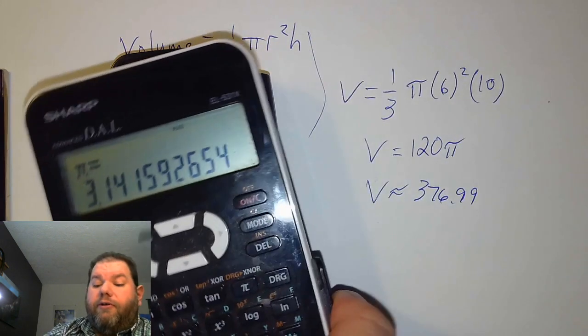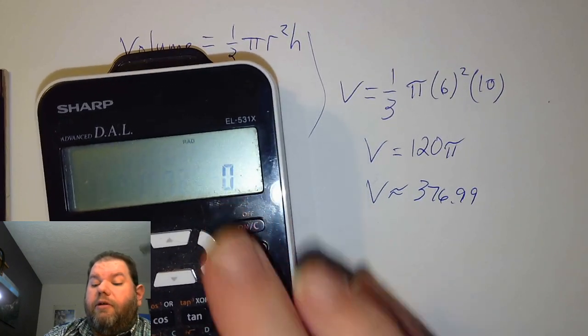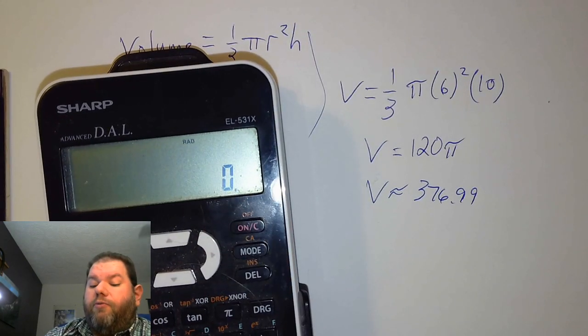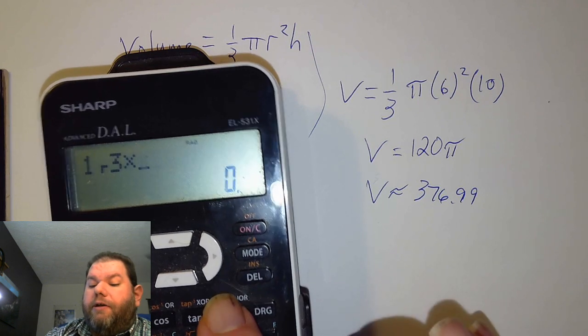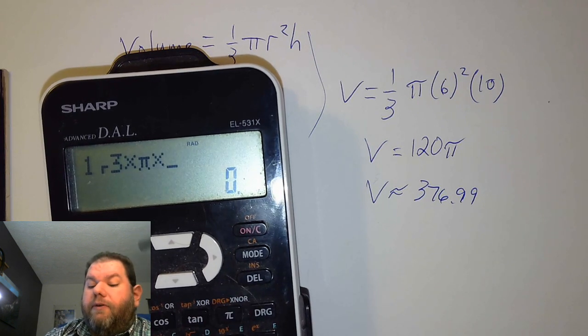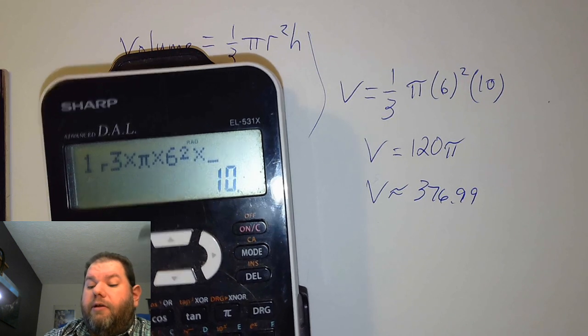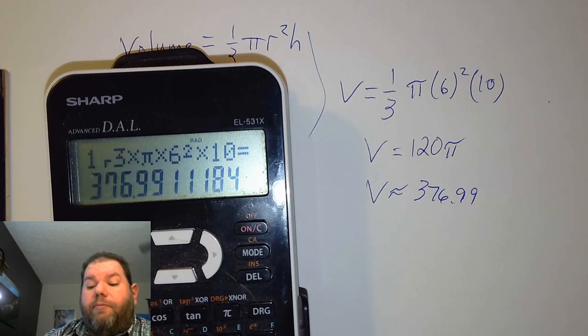Other calculators, like this one, if I entered in 1/3 times pi times 6 squared times 10, this one will actually give us the approximation, which is the same, 376.99.